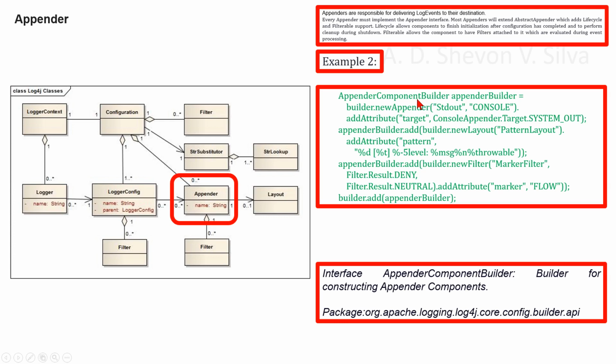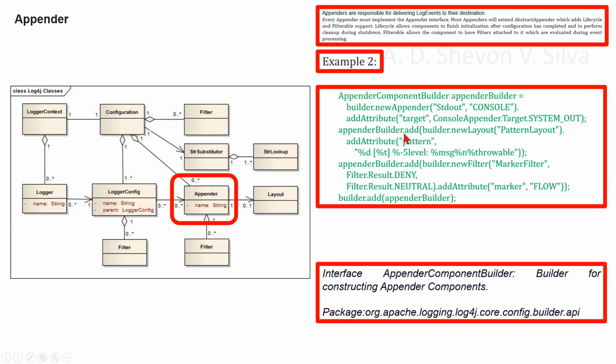This is in the package org.apache.logging.log4j.core.config.builder.api. Here the ConfigurationBuilder with a newAppender method taking a string name and a string plugin name returns a builder for creating appenders, an AppenderComponentBuilder. With addAttribute, it adds a boolean attribute. This is a key and this is the value.